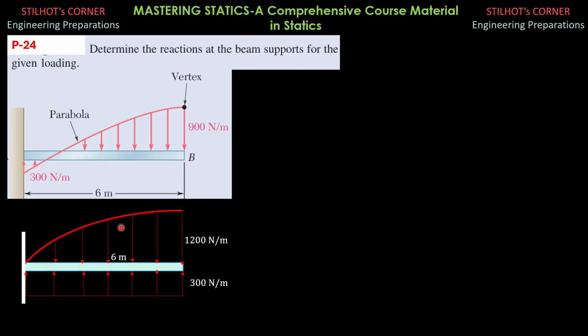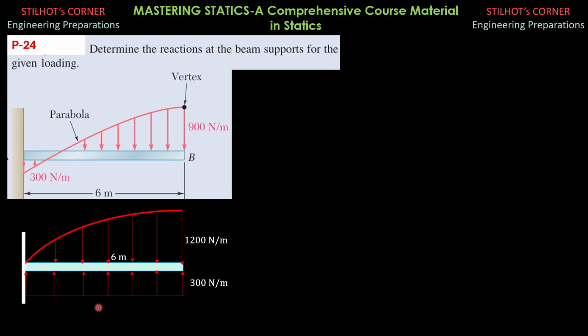So its location from the left is 5/8 of 6. So this should be 5/8 of 6. And the area of a parabola, remember, is 2/3 base times height because the spandrel is 1/3 base times height. For this parabola, 2/3 base times height.